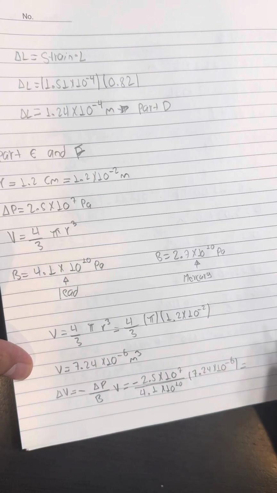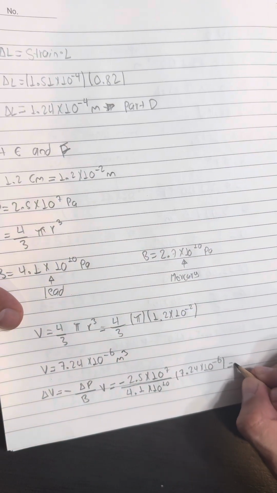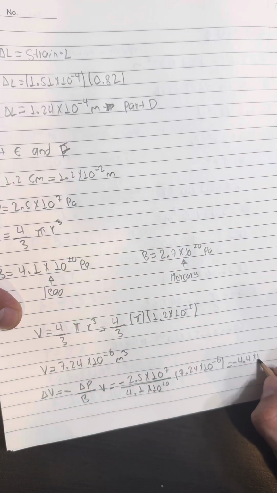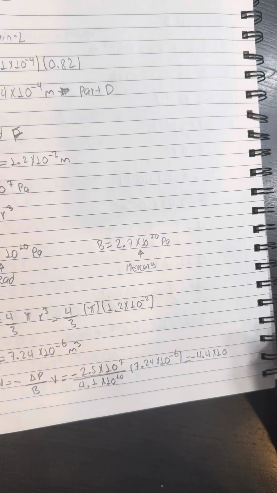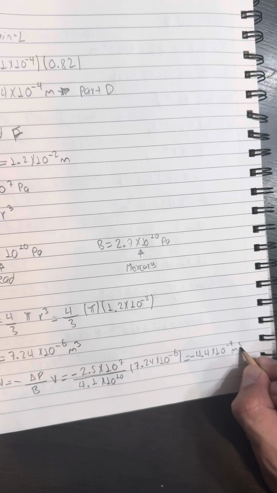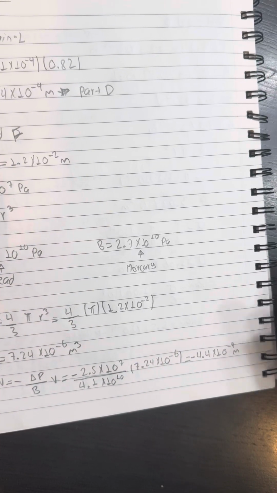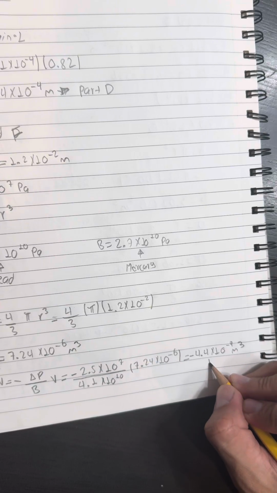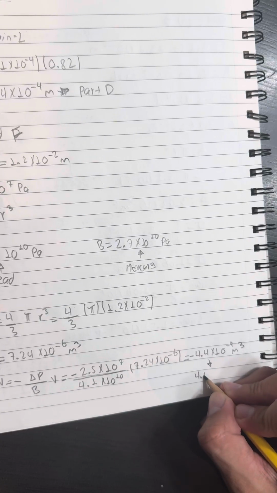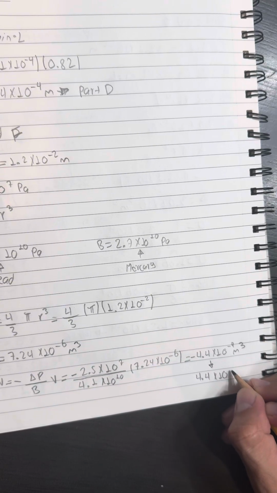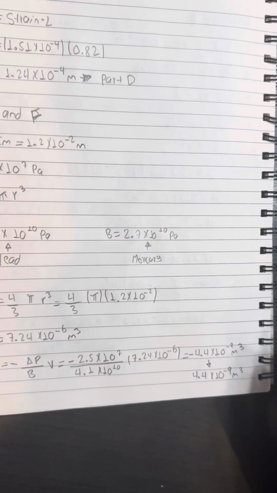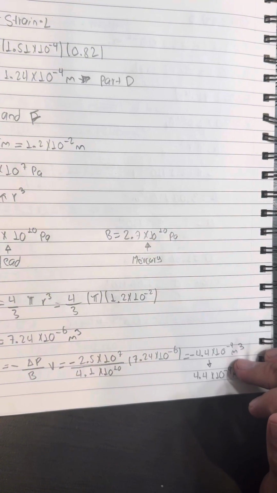And when we do the operation, we have negative 4.4 times 10 to the power of negative 9 cubic meters. But since this is a magnitude, we can say that instead of being negative, it's positive. So 4.4 times 10 to the power of negative 9 cubic meters. So this is going to be the answer for part E, a sphere made out of lead.